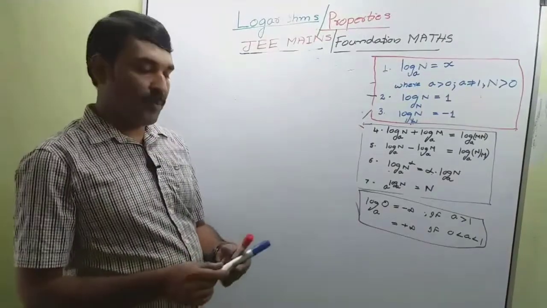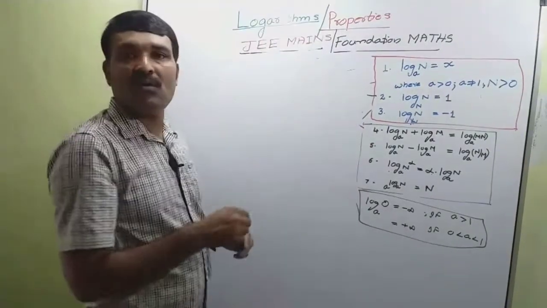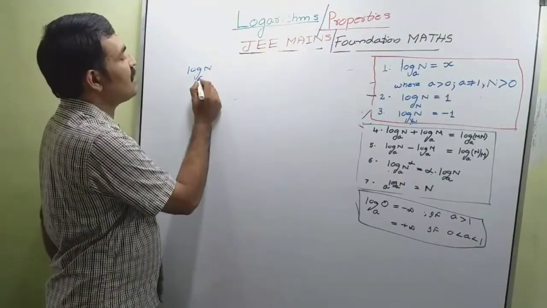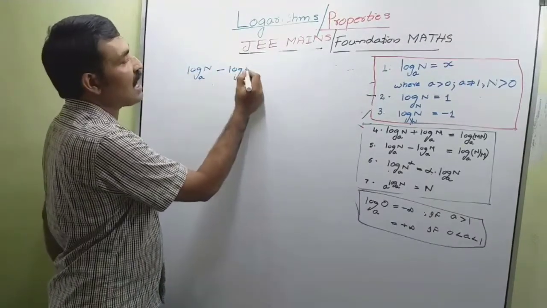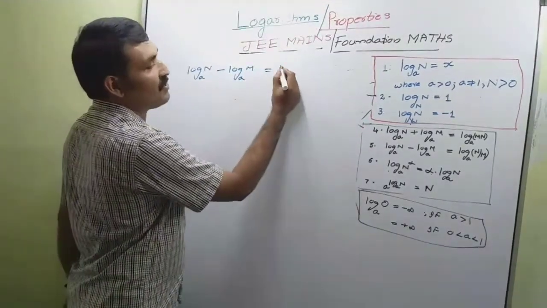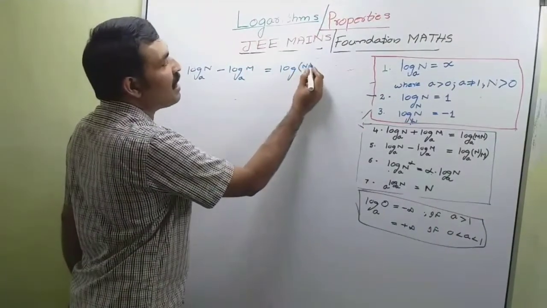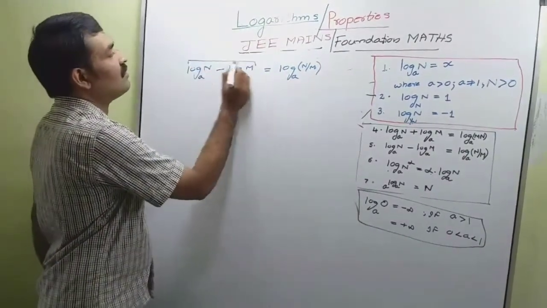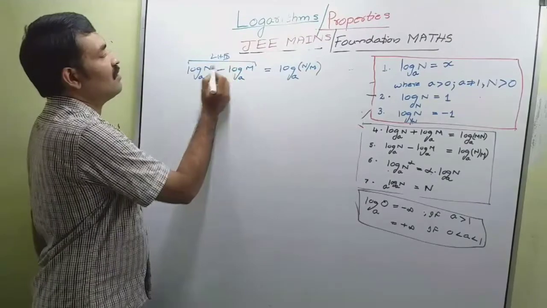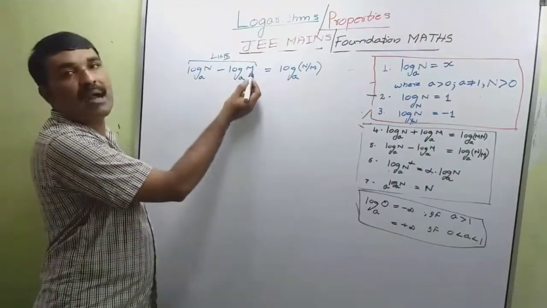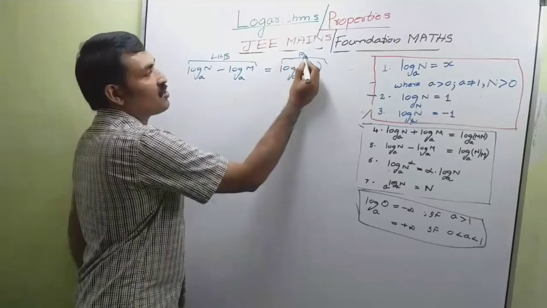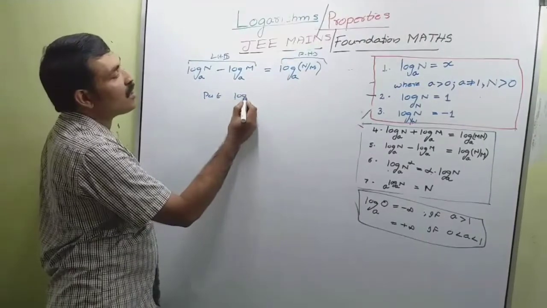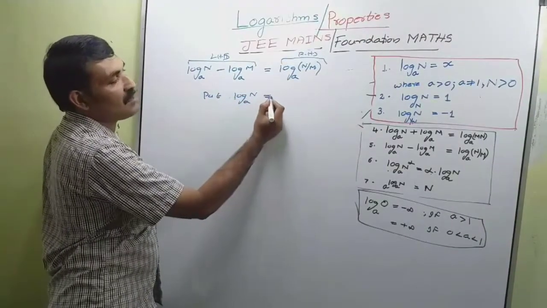Consider the fifth property. Fifth property is similar to that of the fourth property. That means log n to the base a minus log m to the base a is equal to log n by m to the base a. So our LHS is log n to the base a minus log m to the base a. This is our RHS. Now put log n to the base a is equal to x.